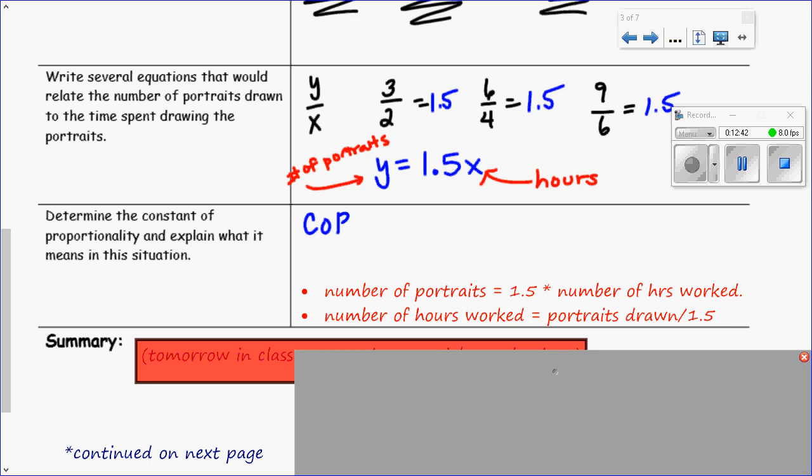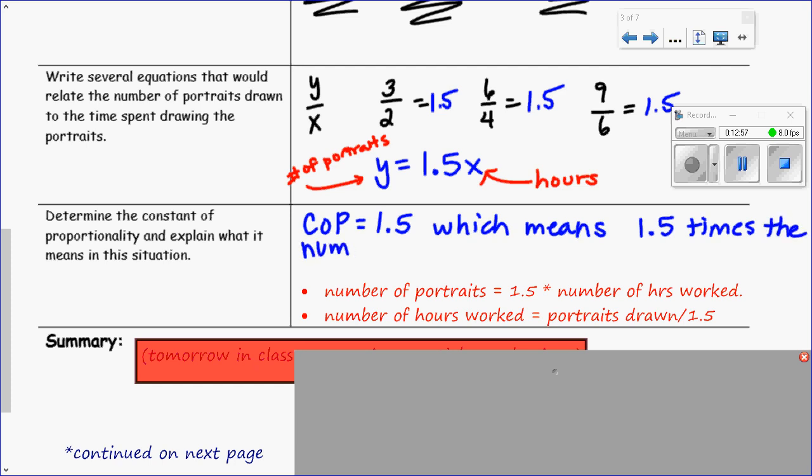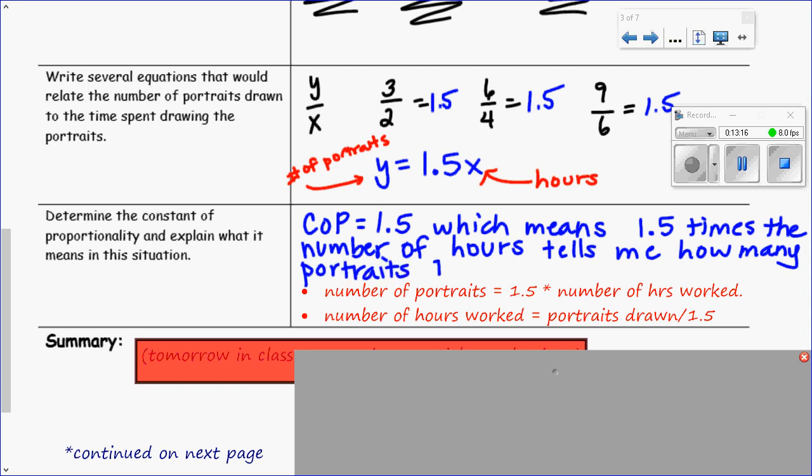Let's write that the COP equals 1.5, which means 1.5 times the number of hours tells me how many portraits I can make, or Andrea can make.